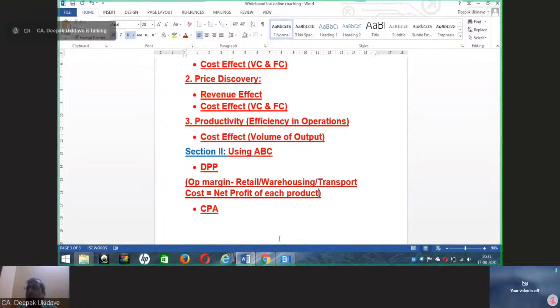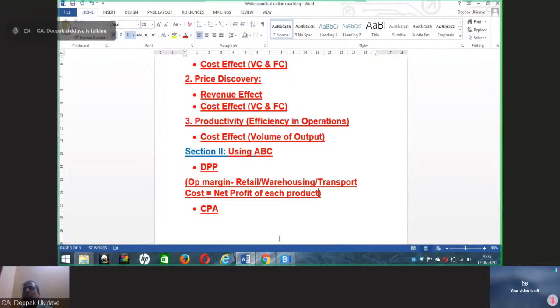So which customer should be given more priority in terms of catering to his needs, special discounts, special offers, etc. We always say a loyal customer, one who purchases products on a regular basis from the store, obviously gets a due, privileged treatment. Now that happens only based on some calculations.